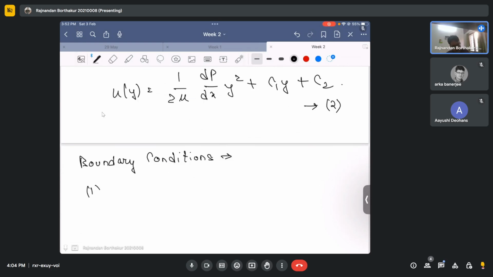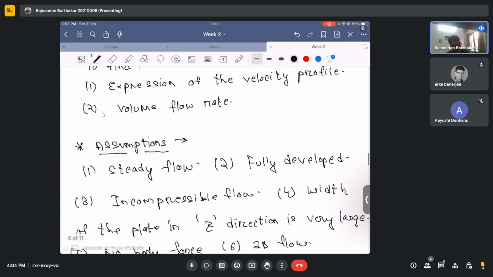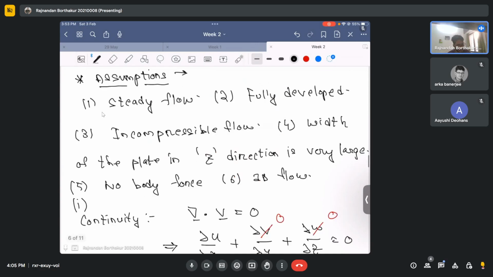So the first boundary condition is the fact that the lower plate is fixed. If the lower plate is fixed, the fluid layer that is just adhering to this lower plate, just above it, will also not move. Which means we can invoke the no slip boundary condition here.